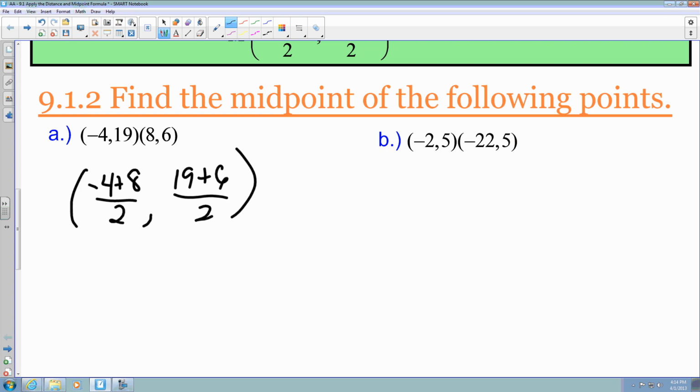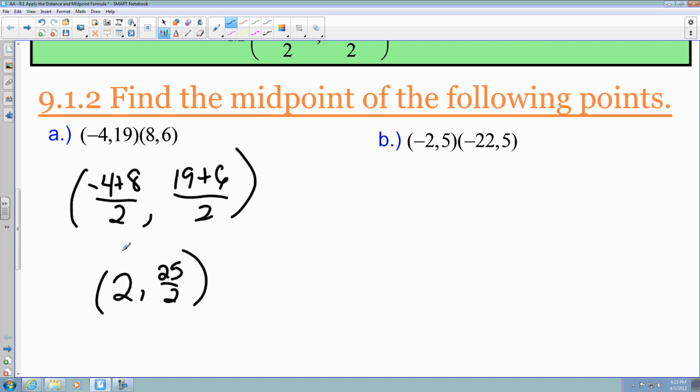Negative 4 plus 8 gives me 4, and 4 divided by 2 is 2, comma, and 19 plus 6 gives me 25, so 25 over 2. So the midpoint would be 2, comma, 25 over 2.